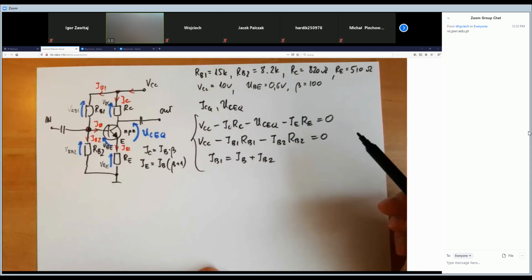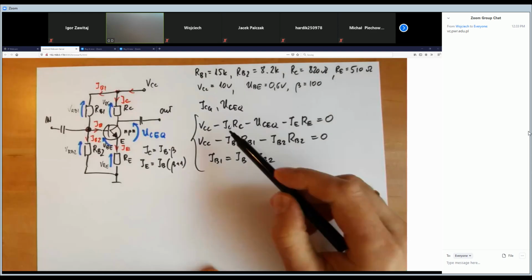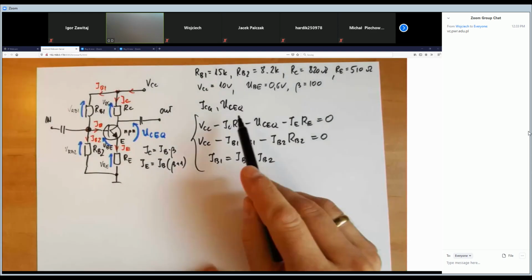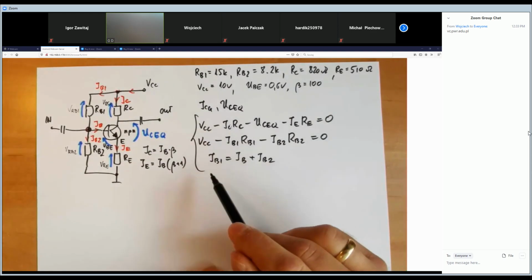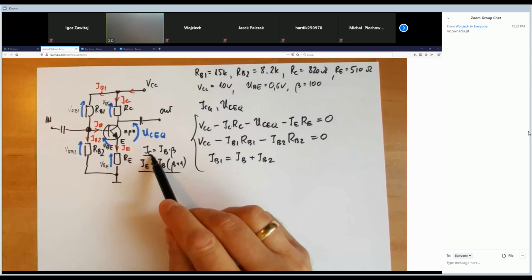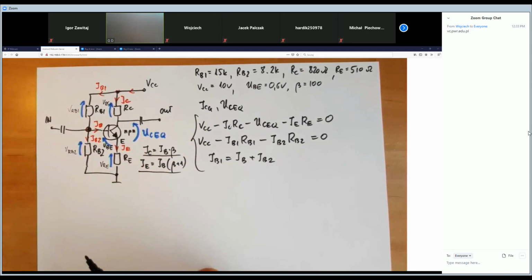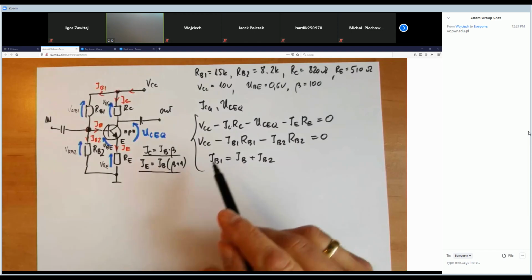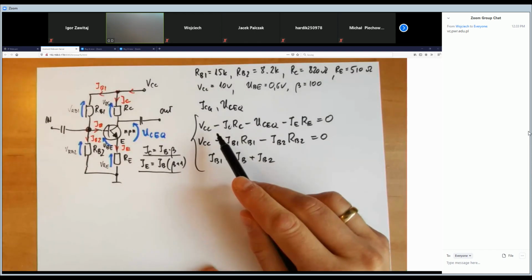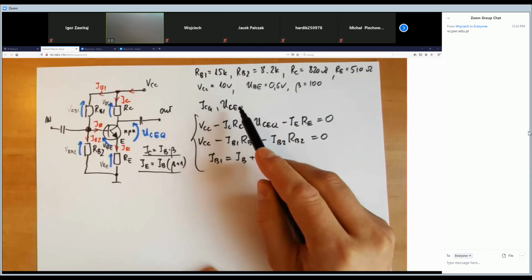That will be the task for you at home, to solve it using these equations. So please solve these equations, finding the ICQ and UCQ.